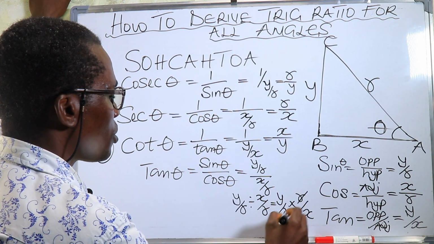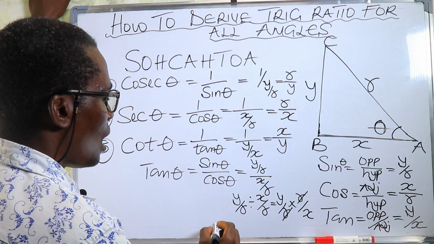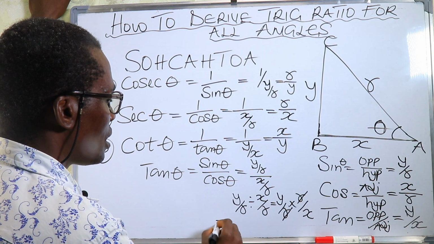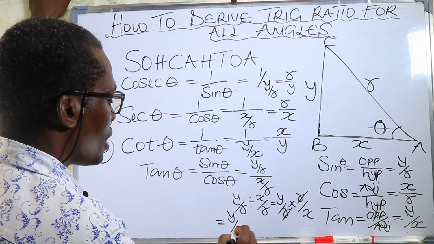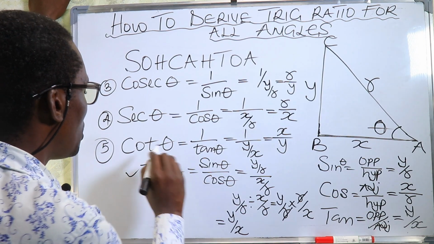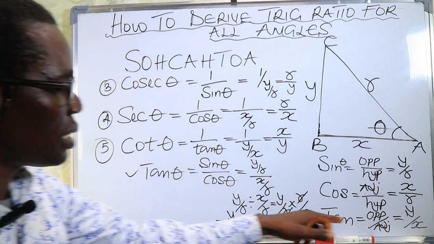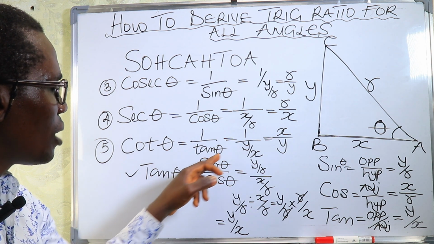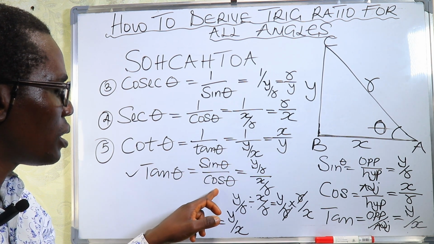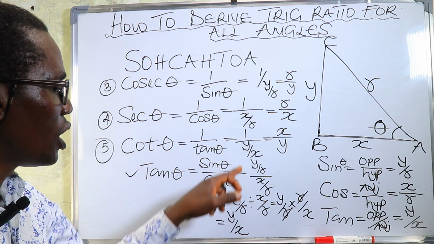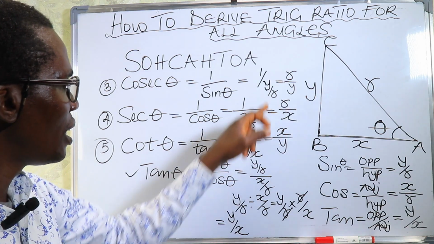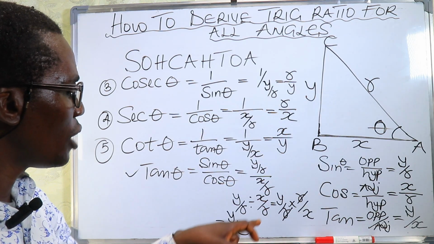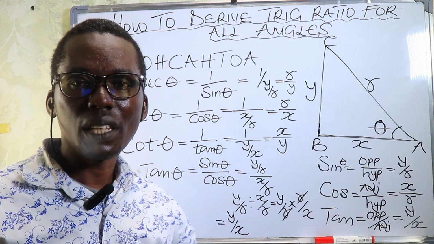So y cancels y, r cancels r, and our tan theta is equal to y all over x. So that means this trig ratio is correct, because tan theta is y all over x. So if we say tan theta is equal to sin theta all over cos theta, it is correct, because if you divide sin theta by cos theta, you get tan theta.